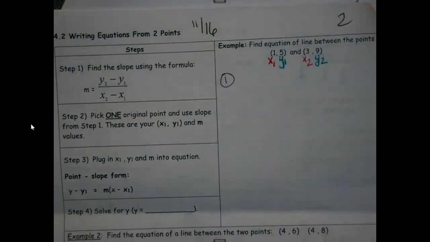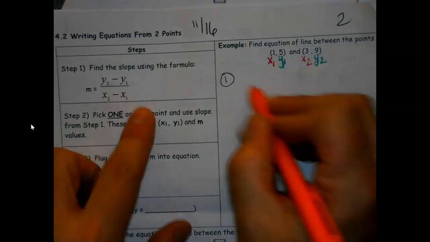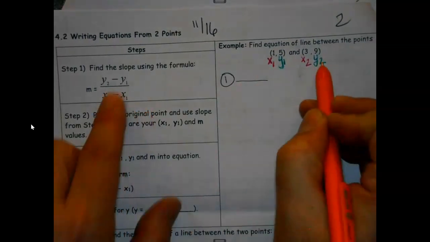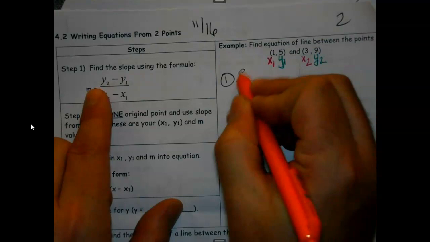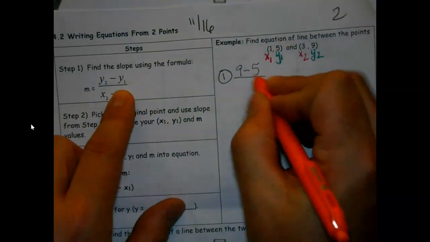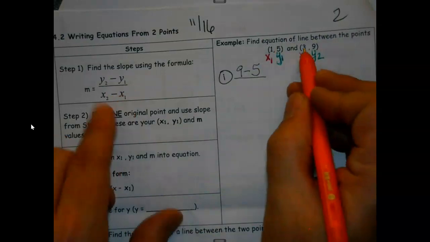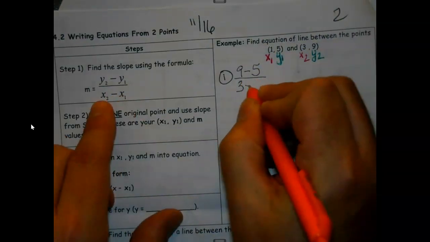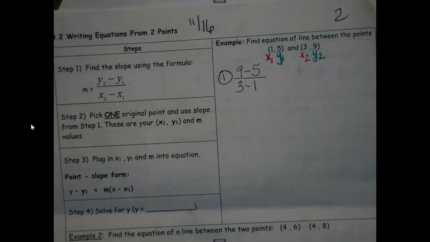So step 1, literally just going to plug the values in. So y2 minus y1 over x2 minus x1. And then if I can do that in my head, great.